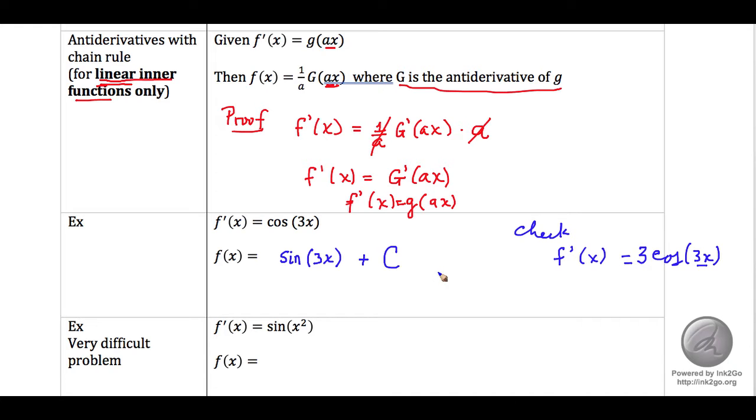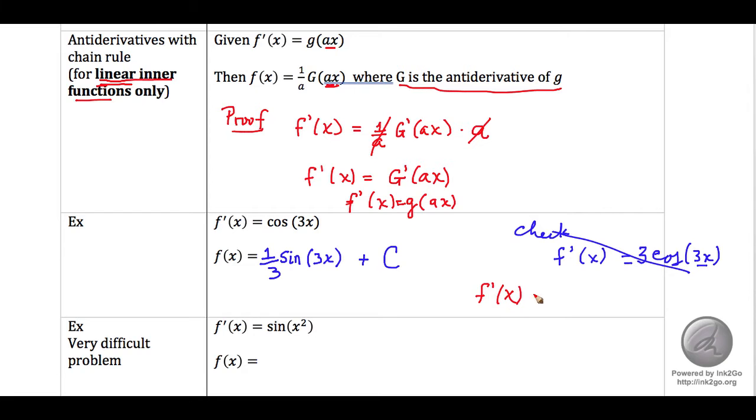So this doesn't quite work. The antiderivative of cosine 3x is not sine of 3x. So we have to put a constant in the front here in order to adjust for the chain rule. Now if I were to take the derivative, I would actually get back to the correct answer.